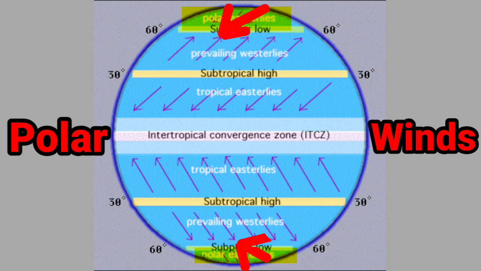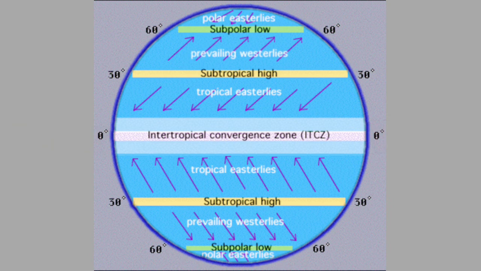They blow from the northeast in the northern hemisphere and southeast in the southern hemisphere. Since these winds originate in the polar regions, they are extremely cold. So these are the three permanent winds.